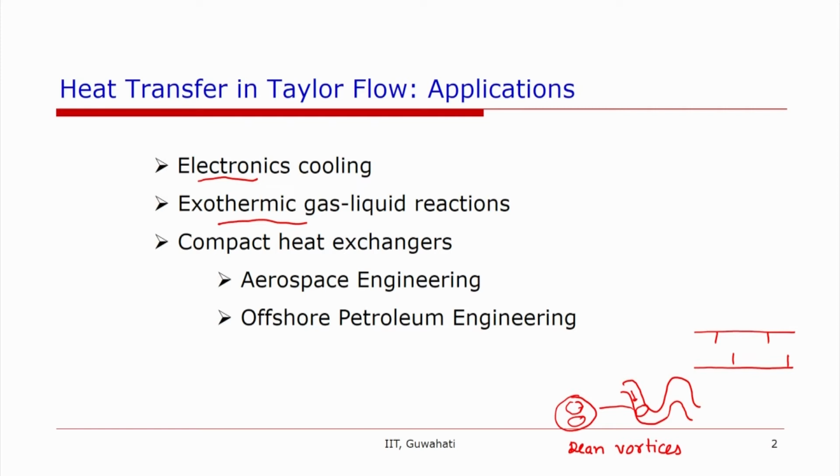Then they have applications as compact heat exchangers in aerospace engineering. As we can guess, the design of aerospace equipment is limited in that one should have the highest performance with the minimum mass, so that more and more payload for space applications, or more and more load in aeronautical applications, can be taken there.